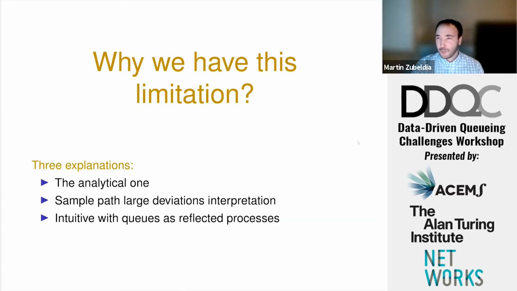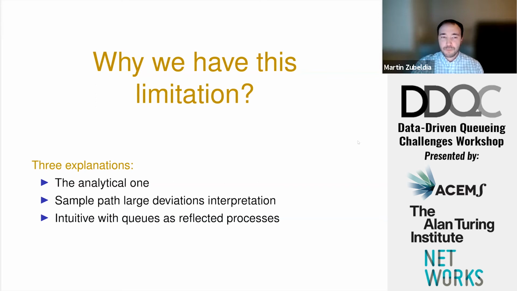And there are essentially 3 short explanations. One is the analytical one, the one that comes out in the proof. There's one explanation that uses a sample path large deviations interpretation of what we're doing. And then we have another one that's more intuitive, more hand-wavy, when you think of queues as reflected processes.